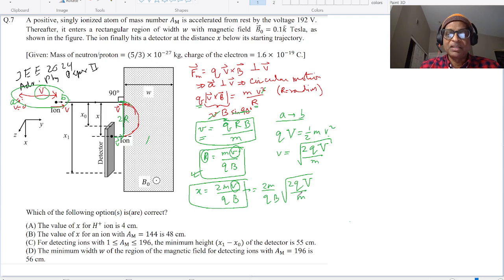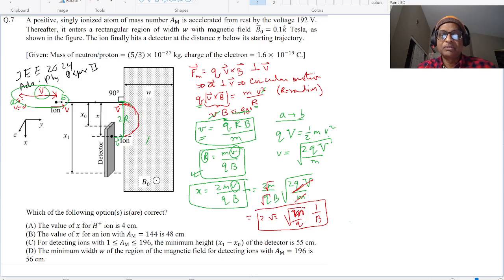Now this will cancel, and you have the square root of m, and the square root of Q. So this is just 2 square root 2, square root of m V over Q, times 1 over B. So this is what we're dealing with, with a capital V here.